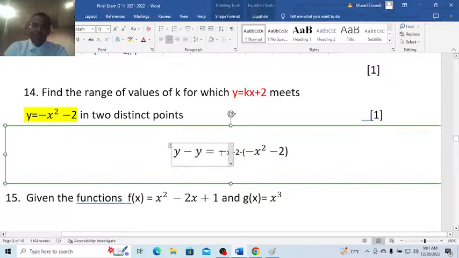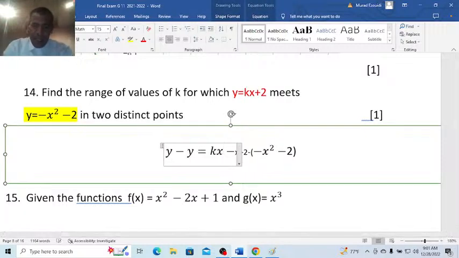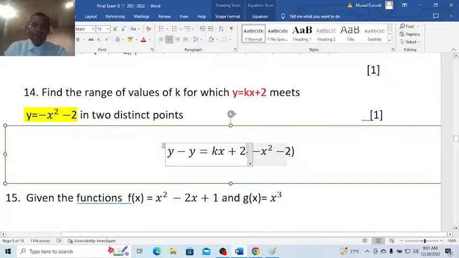Equal to kx plus 2, minus the bracket of negative x squared minus 2.